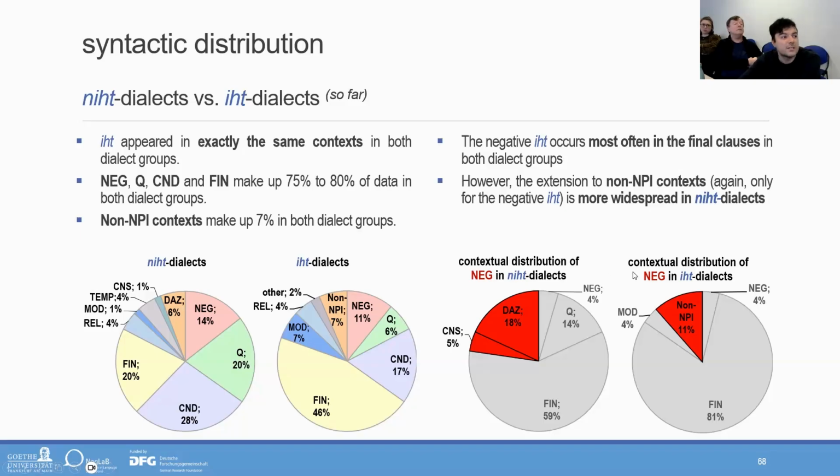But again, we have to consider that it's only until the end of the 12th century. So we assume that it would also spread to other contexts in those dialects, because at the end of the day, it has spread to all the contexts when it has become the sentential negative marker in those dialects.